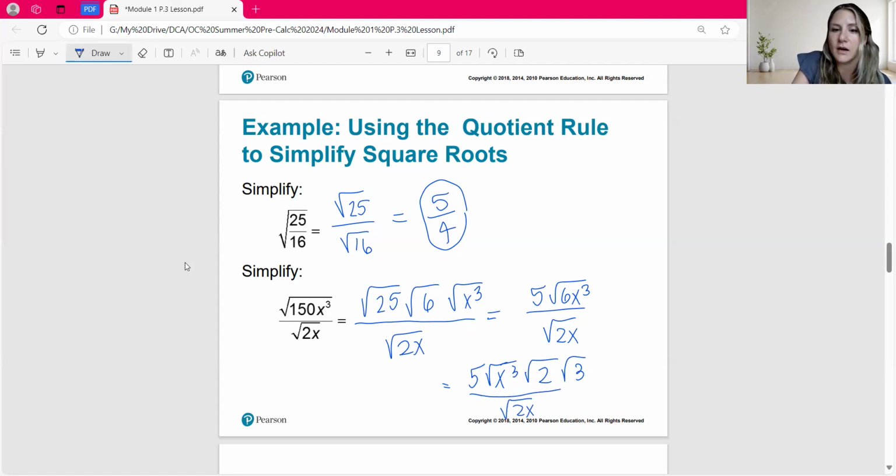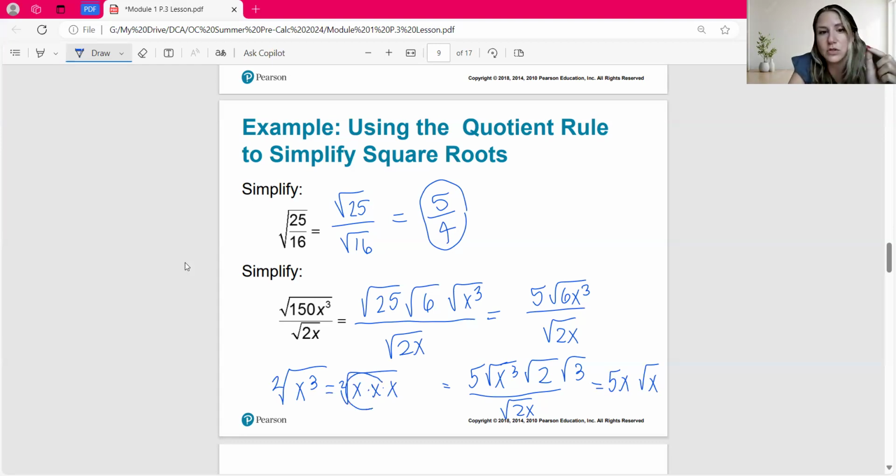Now we know the square root of x cubed, we know that we have x times the square root of x. What we want to think about is the square root of x cubed. We know that's the same thing as the square root of x times x times x. So if I'm looking for square roots, I can take 2 out, and that's how it becomes that 1x in the front, and then 1x is still left over under the radical.